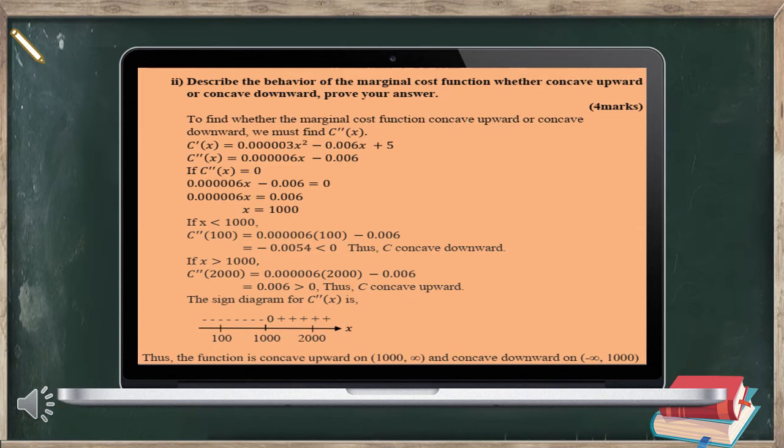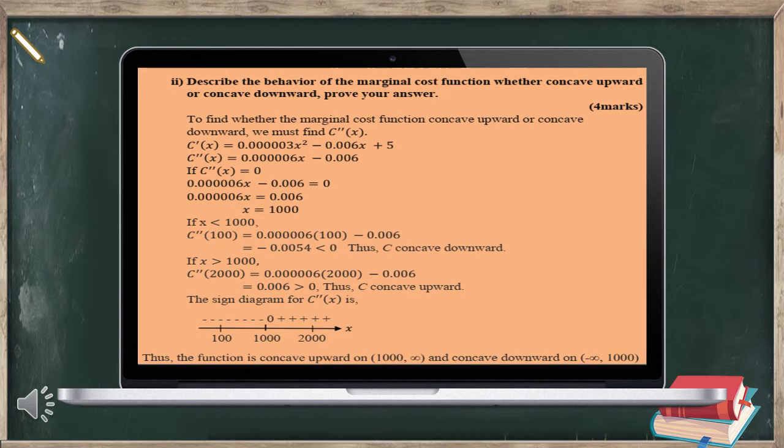The new equation is 0.0006x minus 0.006 equal to 0, and then we move negative 0.006 to the right, and then we get 0.0006x equal to 0.006, and then we move 0.0006 to the right, and then we get 0.006 divided by 0.0006. So the final answer for x is equal to 1000.